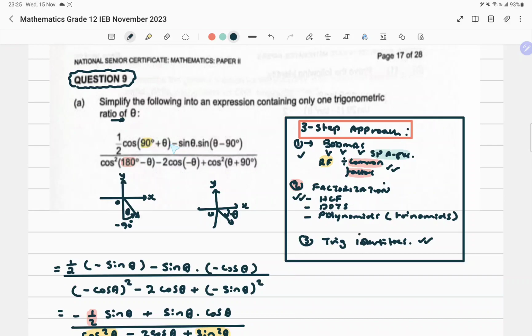So here, get rid of one part, and then we're going to say minus sine of 2, right? Into sine of 2 minus 90. Okay. So be careful of brackets, and then I'm sorted with my numerator.